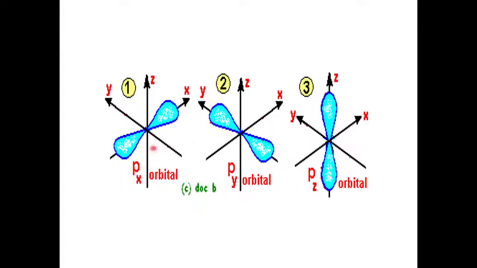We call these px, py, and pz. There is not much interaction between these 3 orbitals. That means electronic transitions do not occur among the 3 orbitals, because they do not overlap in any way with each other. You have to imagine a 3D structure and draw a figure, and then it will be easy for you to imagine how these orbitals are organized.